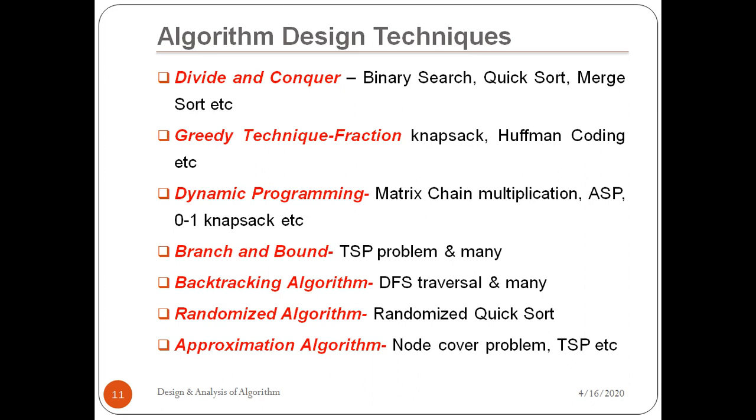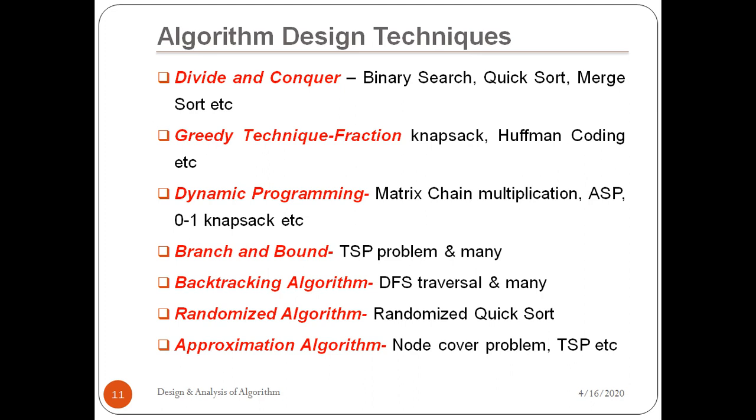So 2 gigahertz means 2 into 10 power 9 hertz. And the definition of frequency is the number of cycles completed per unit second, or in 1 second, right? So a 2 gigahertz processor means the CPU can complete 2 into 10 power 9 cycles in 1 second.